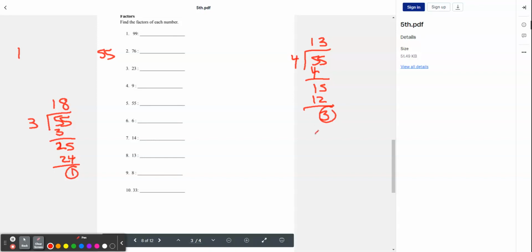We get a remainder of 3, so 4 is not a factor. Let's try 5. 5 goes into 5 once, and 5 goes into 5 once. And finally, we got a remainder of 0, so we know that 5 and 11 are factors of 55.